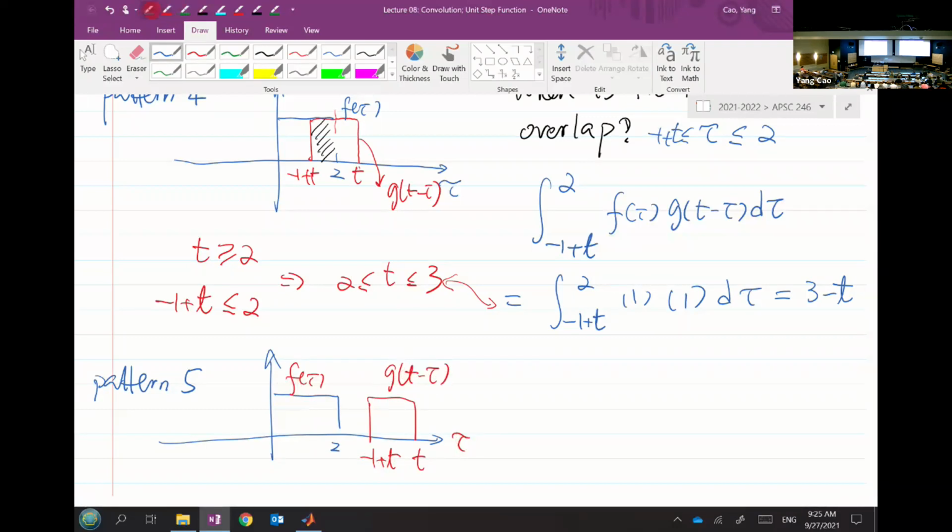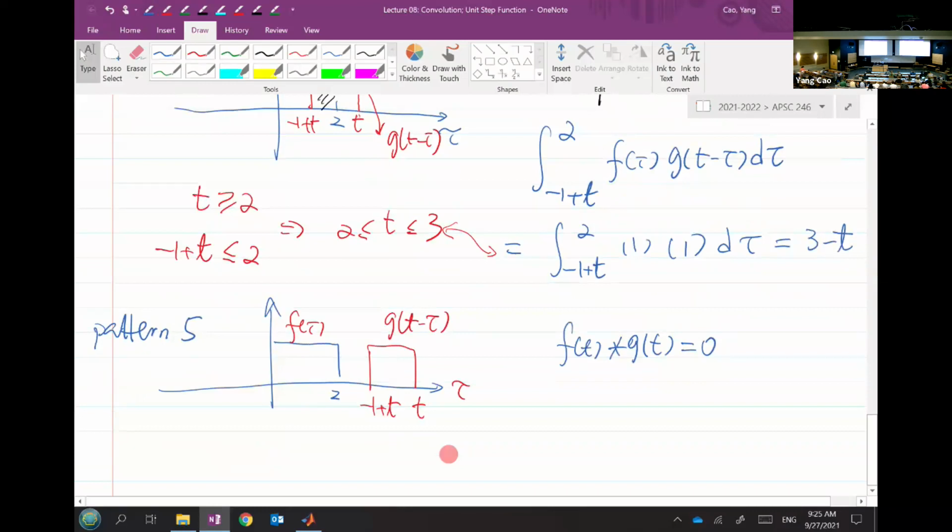No overlap anymore, so your convolution is back to 0. Now the question is, what range of t gives you this type of pattern? You compare -1 plus t to more than 2, which gives you t more than 3. So that gives you the convolution to be 0.